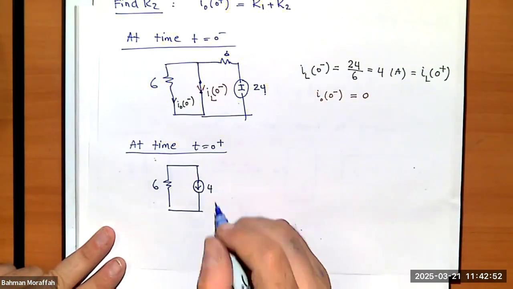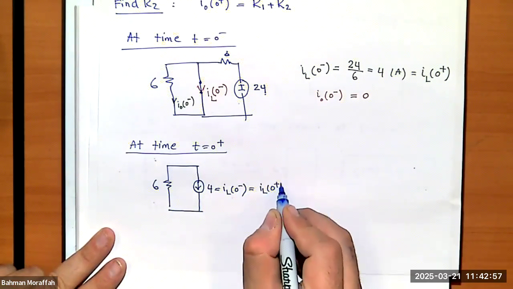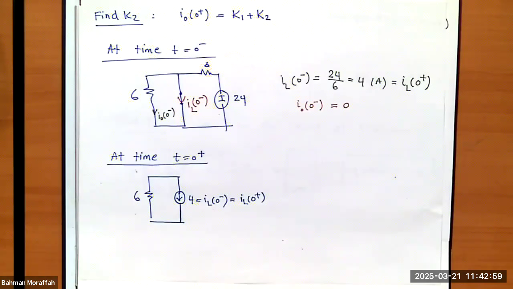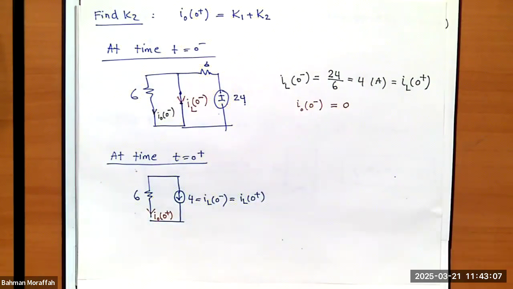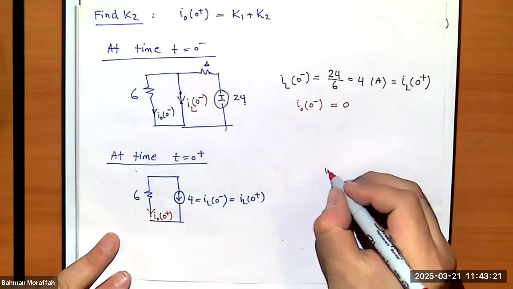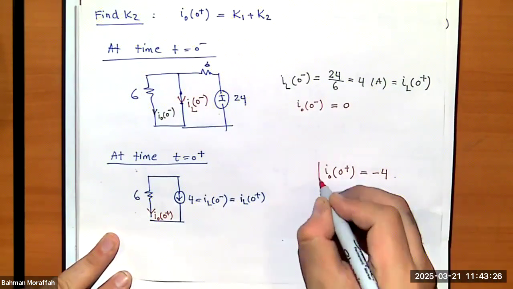The value of this current source is 4, which is IL at time 0 negative. Now I have the circuit, I can find I naught at time 0 plus. What is I naught at time 0 plus? It's negative 4.